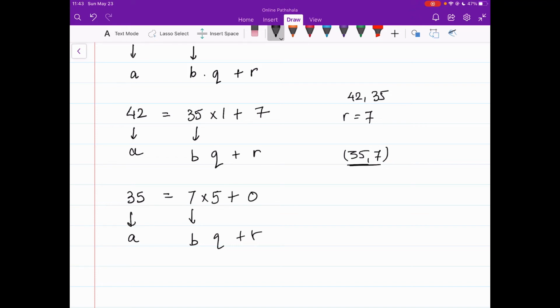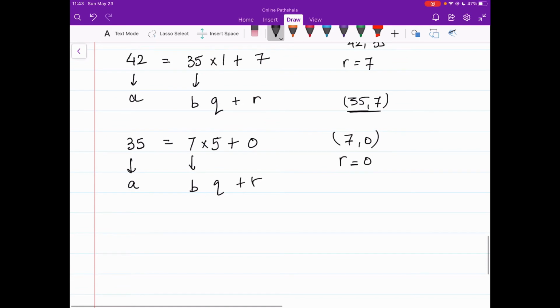Here the remainder is equal to 0, and the numbers we get are 7 and 0. So we cannot proceed any further in applying Euclid's division lemma. We can say that the HCF of 455 and 42 equals 7.